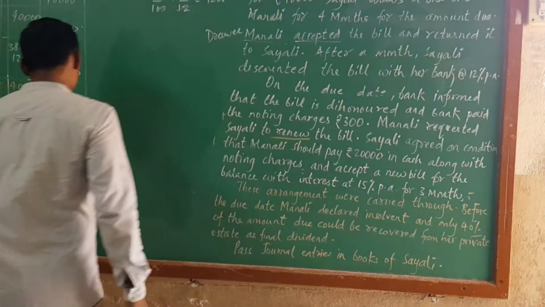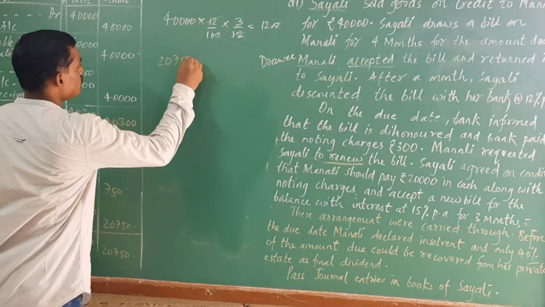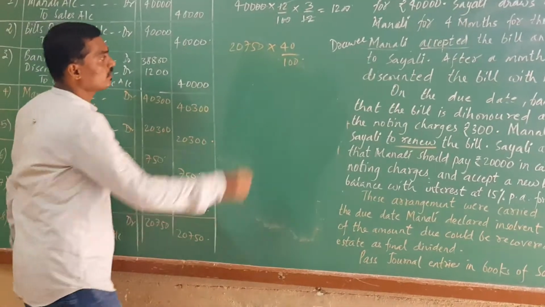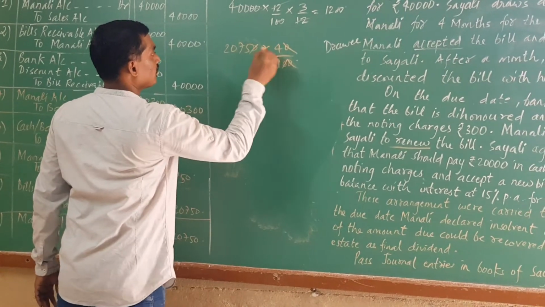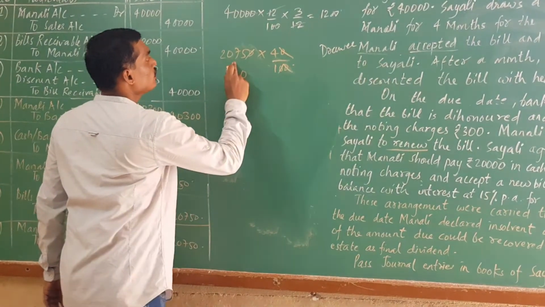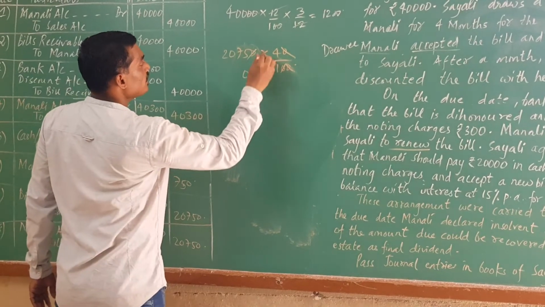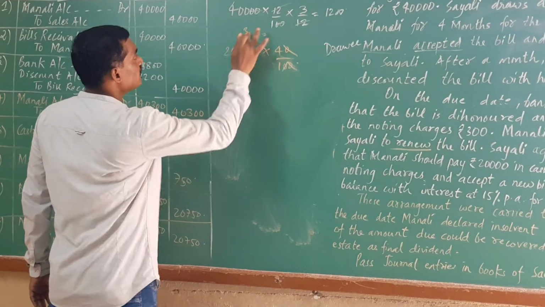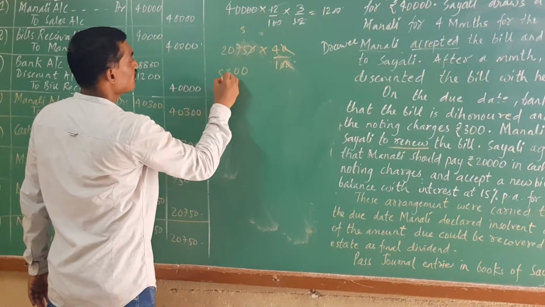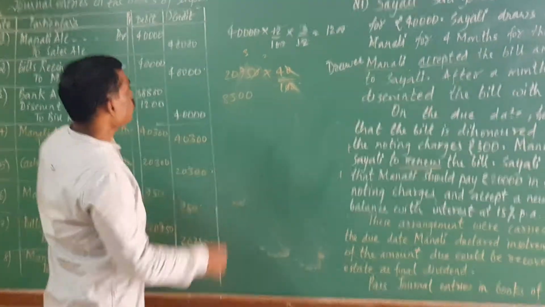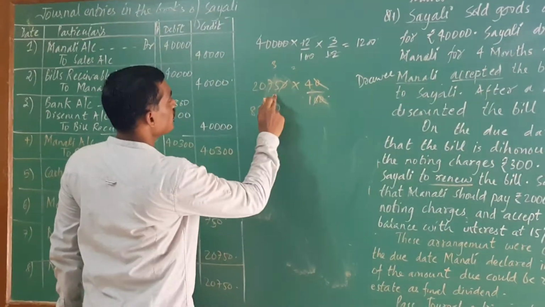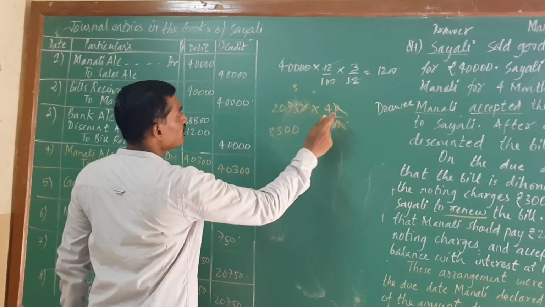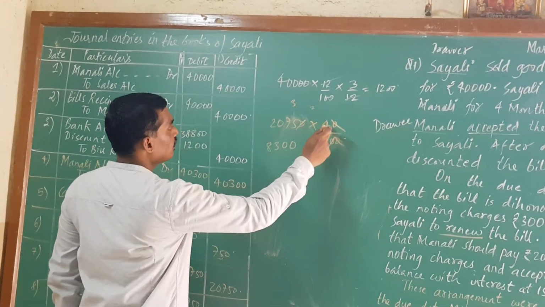So 40% of 20,750. 4 5s are 20, 7 4s are 28 and 2 is 30, 3 carry. 4 zeros are 0 plus 3, 4 2s are 8.